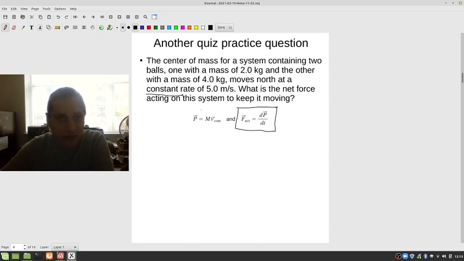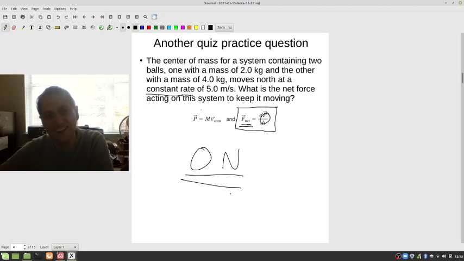Constant rate means no change in momentum. So if your momentum is not changing with time, that's 0. And so your net force is 0 newtons. Done.